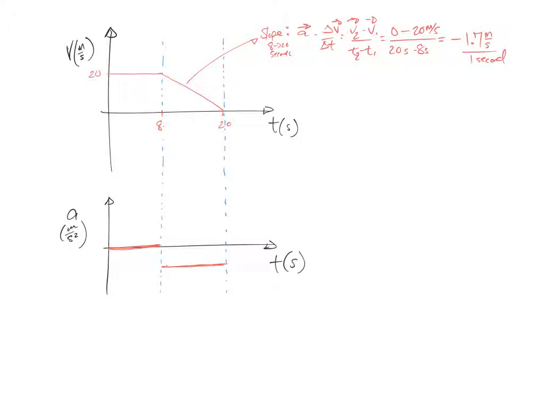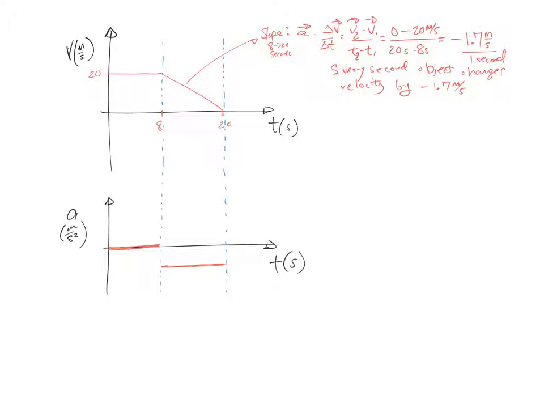So this means every second the object changes velocity, or in this case it's slowing down, by negative 1.7 meters per second. So like you're subtracting 1.7 meters per second from your velocity.